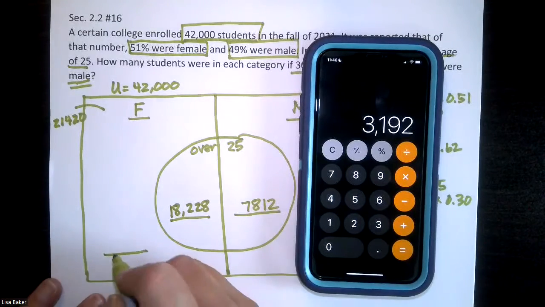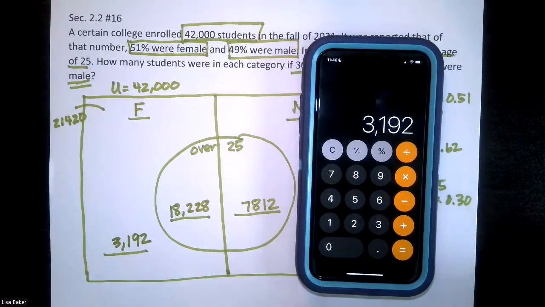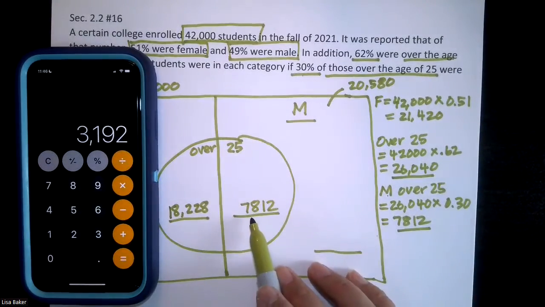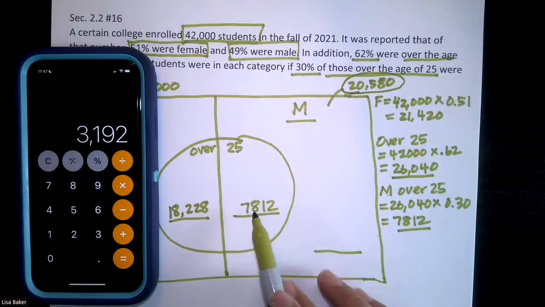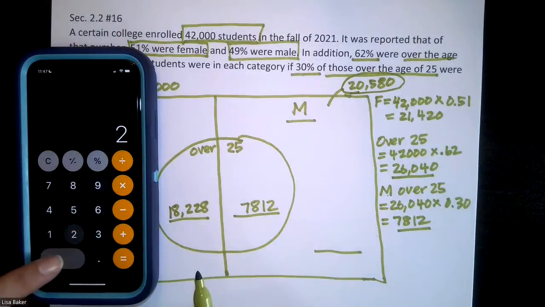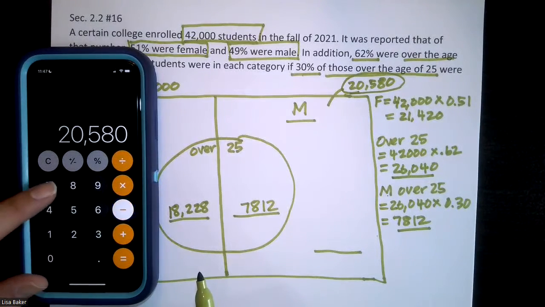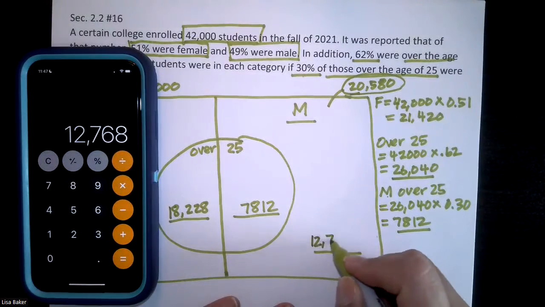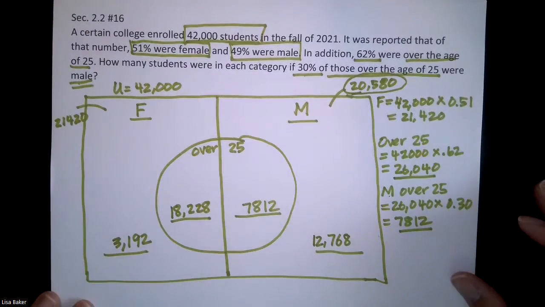That gives me 3,192 females that are 25 and under. Then I do the same thing over here. This is my total, 20,580, and I subtract 7,812, and you get 12,768.